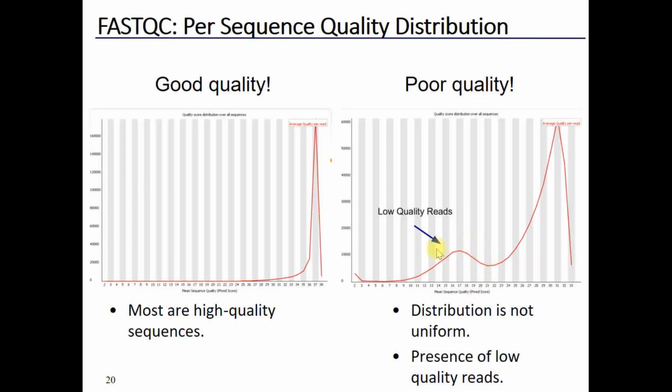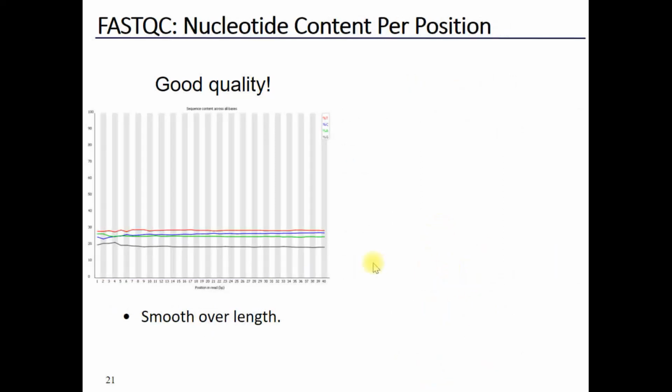But if you have another peak lower than 20, then you know that, okay, I have a chunk of reads in my sample, and I need to get rid of those bad quality reads.